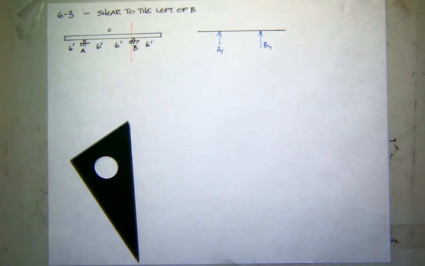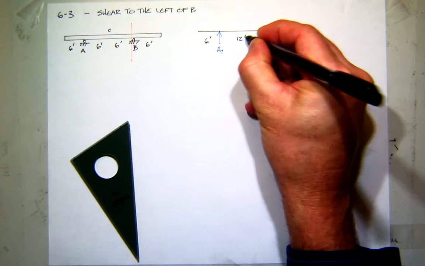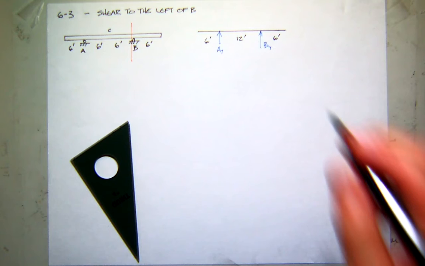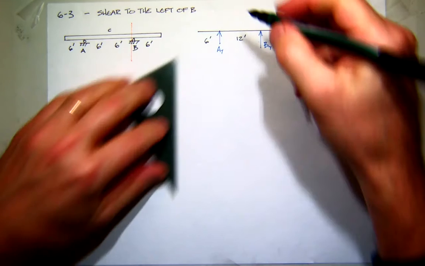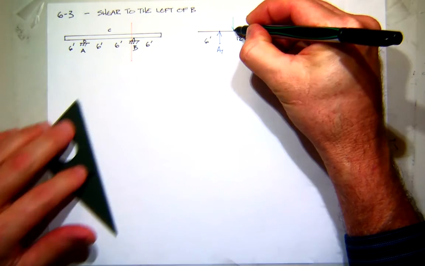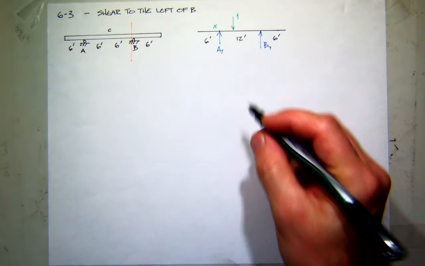That has, let's see, that's 6 feet. Then 2 of those makes 12 and 6. And then I'll have my influence line. I'll assume there's my unit load of 1 at some distance x from the left side.